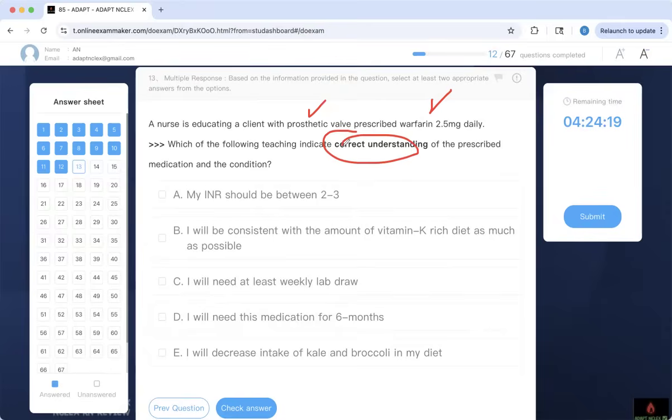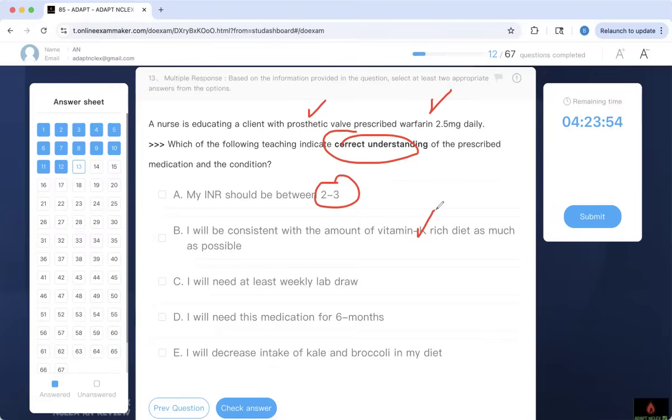Correct understanding. Well, warfarin, you should never change whatever diet, vitamin K dependent factors you're taking. If you have prosthetic valve, we want INR to be higher. It's 2.5 to 3.5, not this one. I will be consistent with the amount of vitamin K. I'm good. That's excellent.